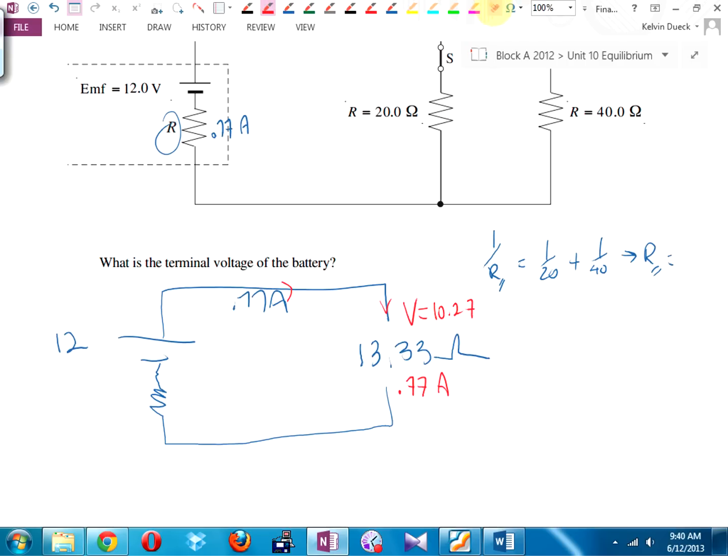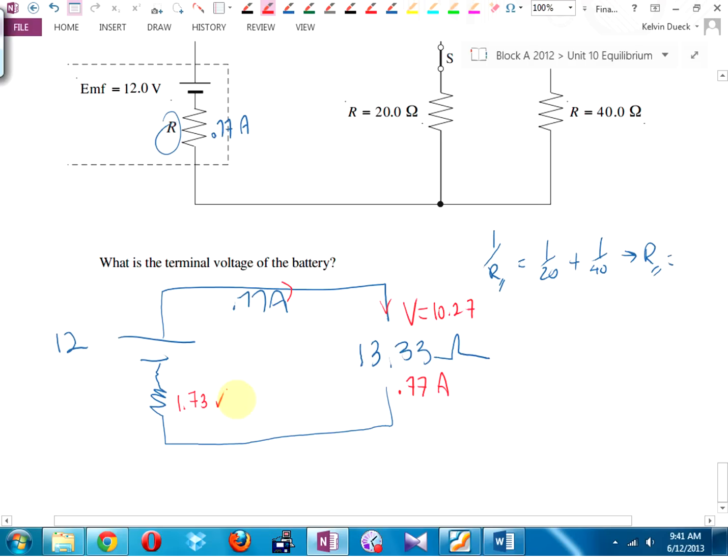Ready? Look up. What do you lose? 10.27. What's left? Because this is the only other ski hill before I get to the bottom of the chairlift. What must I lose going through here? 1.73 volts. What did they ask you to find?